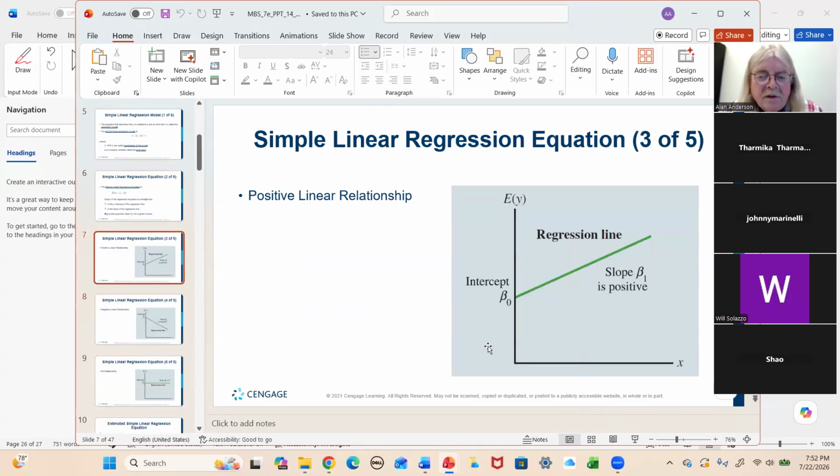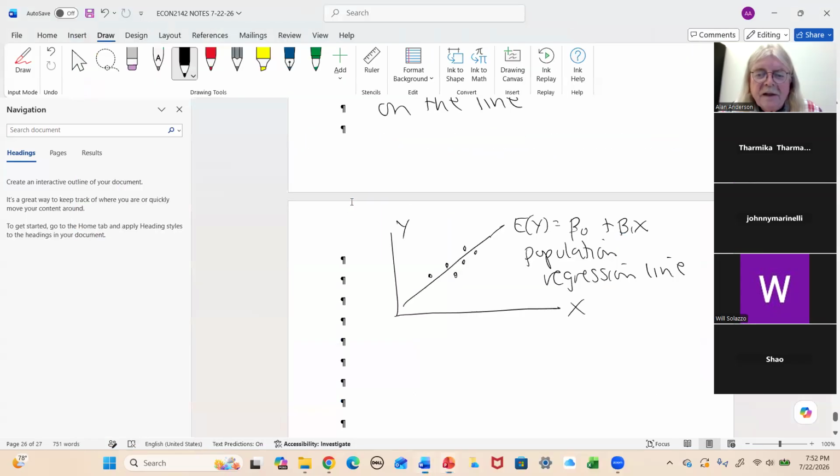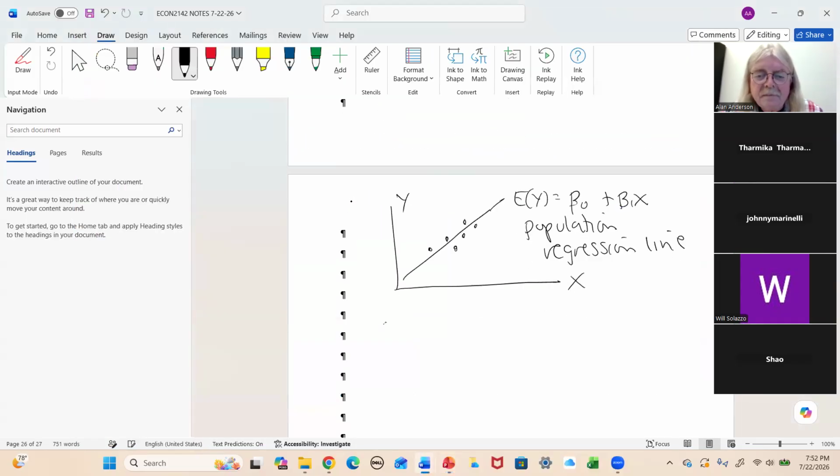So, you might run across regression lines with a positive slope. And if that happens, that means that X and Y are positively correlated.